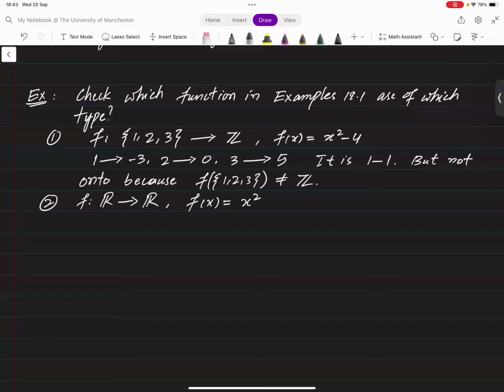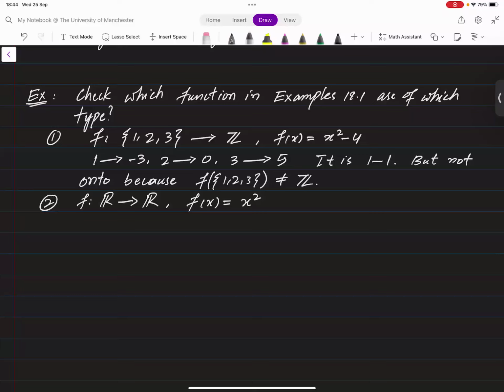So again, it is not onto, and it is not 1-1 either. Why is it not onto?